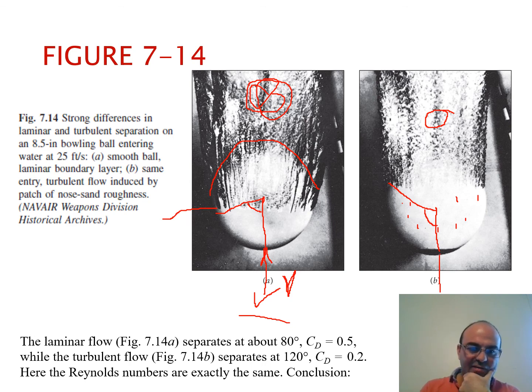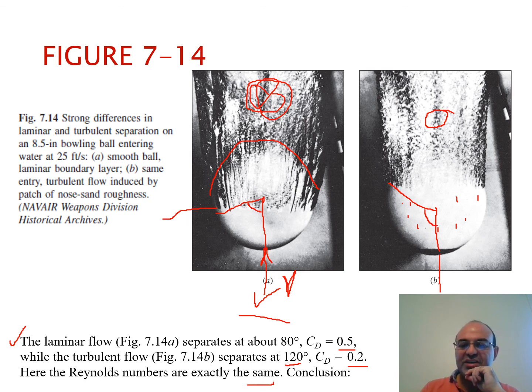We do have some more information here. The laminar flow, case A, separates at about 80 degrees. The drag coefficient CD is 0.5. While the turbulent flow in case B separates at 120 degrees, and in case B, CD is 0.2. Reynolds numbers are exactly the same because velocities are the same.